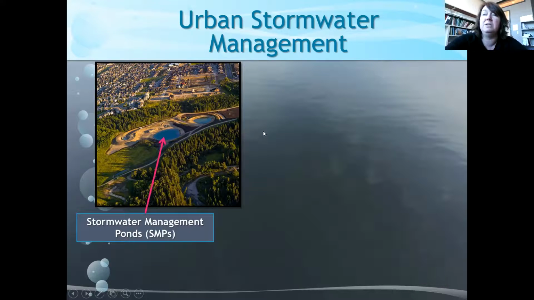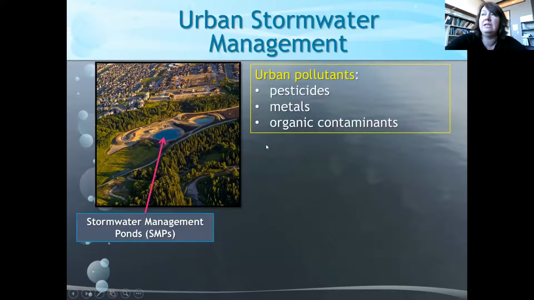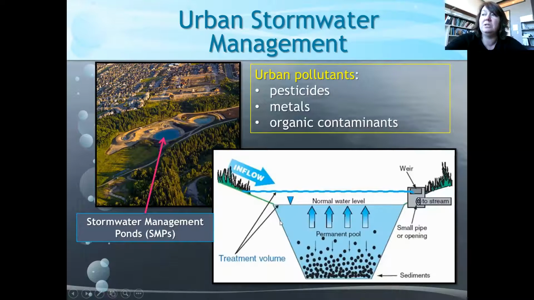Okay, so these stormwater ponds are what we look at because we're really interested in the pesticides, the metal pollutants that come off cars and other materials, and also what we call organic contaminants, like greases and oils from the fossil fuels that we burn. They all end up in these stormwater ponds. So we want to understand, well, what happens to them when they enter these systems? This is what a stormwater pond looks like from a cartoon perspective, where you have inflow of the storm water rushing in, and after a storm the water level goes up to here.